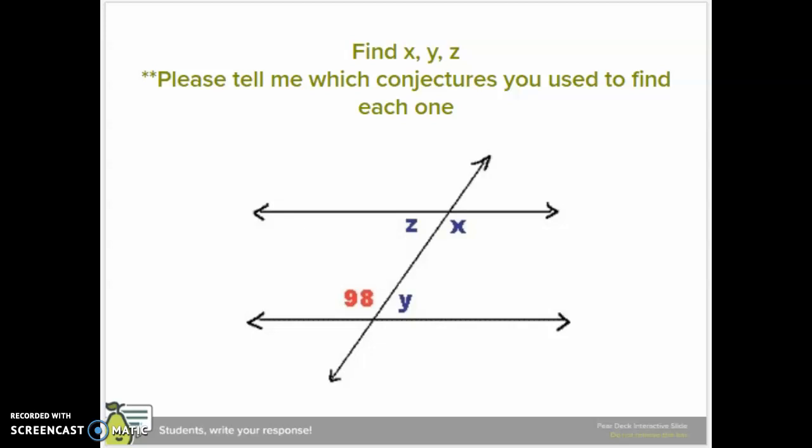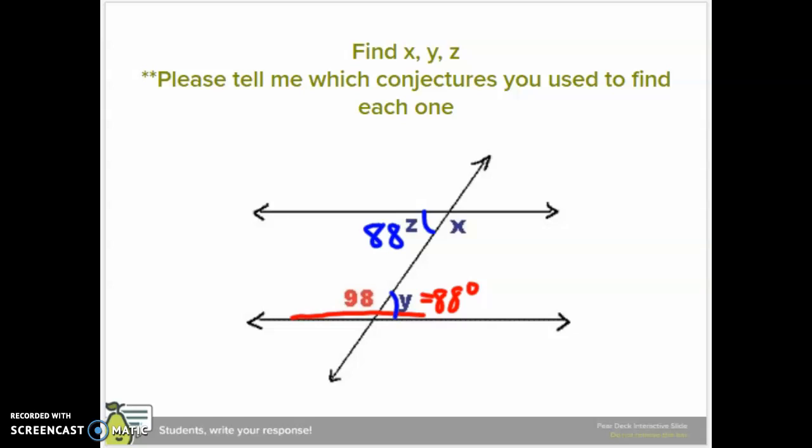First, I'm going to find y, and I notice y and 98 are a linear pair, so they're going to add up to 180, which means y would have to be 82 degrees. Next, I see that z and y are alternate interior, so that would mean z is also 82.